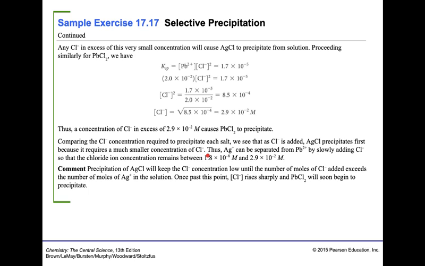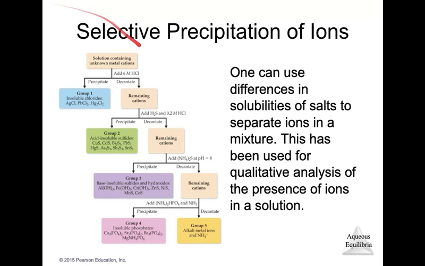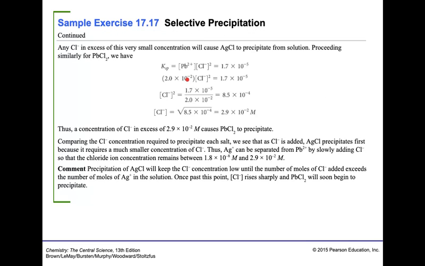What they're talking about is maybe pouring in hydrochloric acid, which is a strong acid, so you are getting purely chlorine ions when you pour that in. So as you're pouring that in, first silver chloride is going to precipitate because of that smaller concentration value that we calculated. And second, lead chloride is going to precipitate, right?